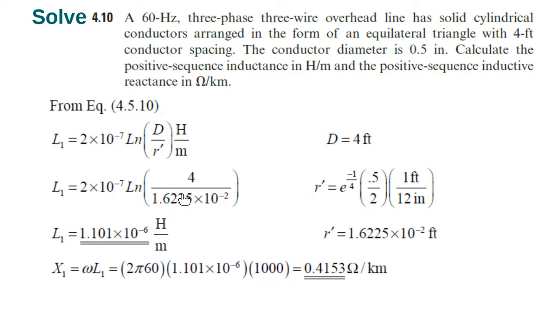If you want it per kilometer, you multiply by 1,000. You also multiply by this if you want to find X, the reactance, by omega, 2 pi f, and the result will be per kilometer.